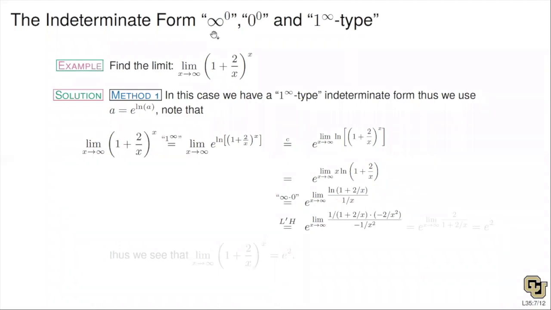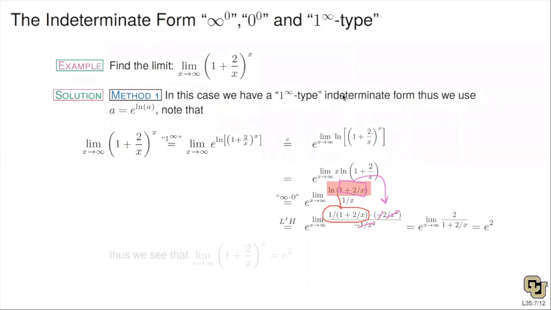And now be careful. In the numerator, I need a chain rule. It's ln composed with some function. The derivative of the ln part is just 1 over 1 plus 2 over x. The derivative of the inside, the derivative of 1 plus 2 times x to the minus 1, is just negative 2 over x squared. In the denominator, the derivative of 1 over x is negative 1 over x squared. Here we can cancel the minus sign and the division by the x squared. We just have the 2's left.